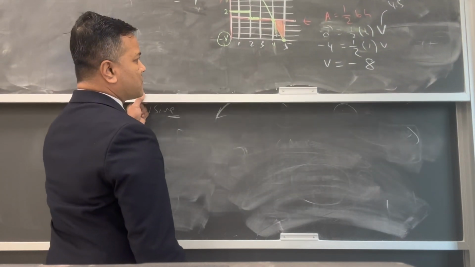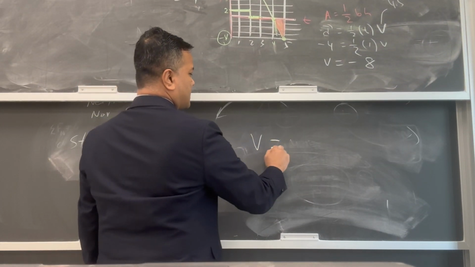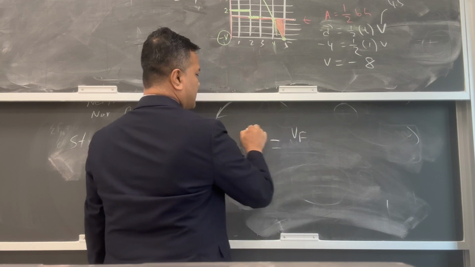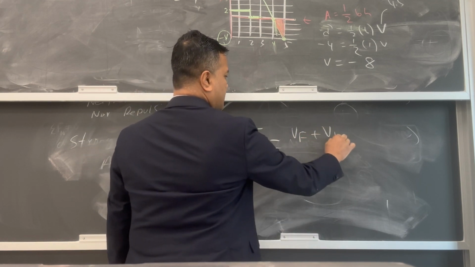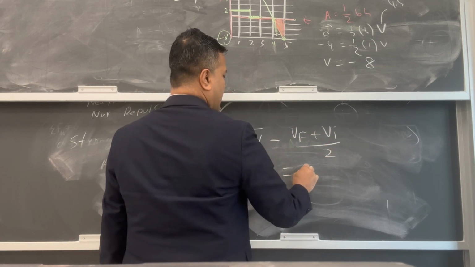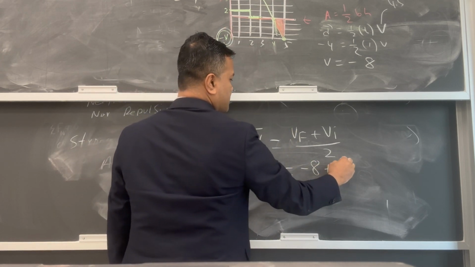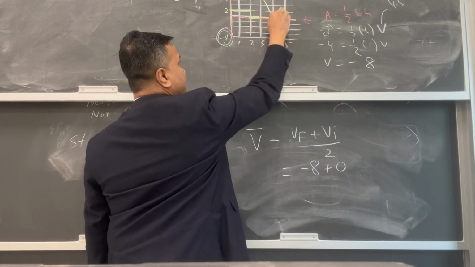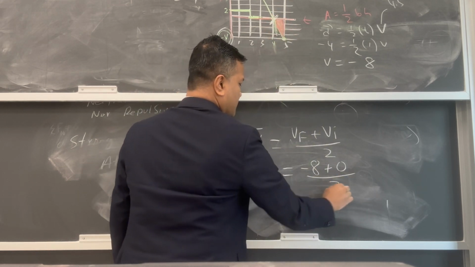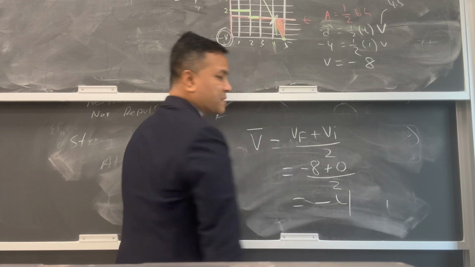So what do you have to do? Use the midpoint formula. Velocity is velocity final plus velocity initial divided by 2. Velocity final right here is negative 8 plus 0, velocity initial at 4 seconds, divided by 2. So velocity is negative 4 meters per second.